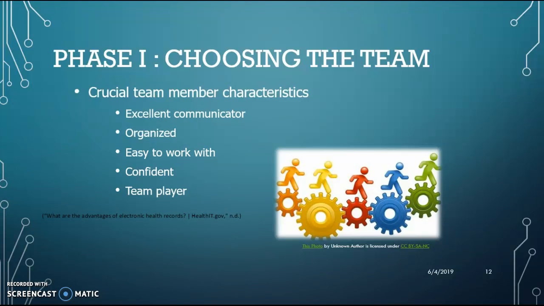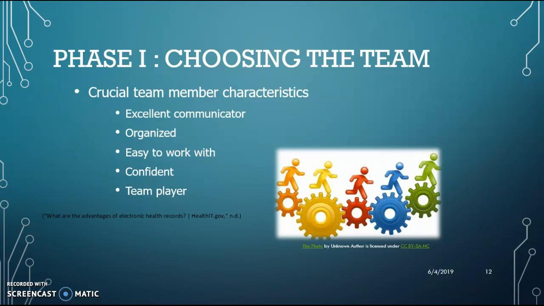As a team leader in establishing a new electronic healthcare record system for a facility, it's crucial to choose your team members carefully. There are specific characteristics that are appealing in a situation of a team working together. Number one is you want to look for team members that are excellent communicators. You want these people to be organized.